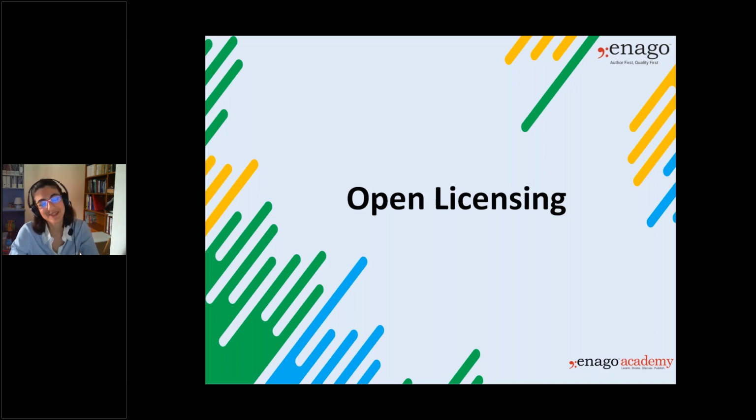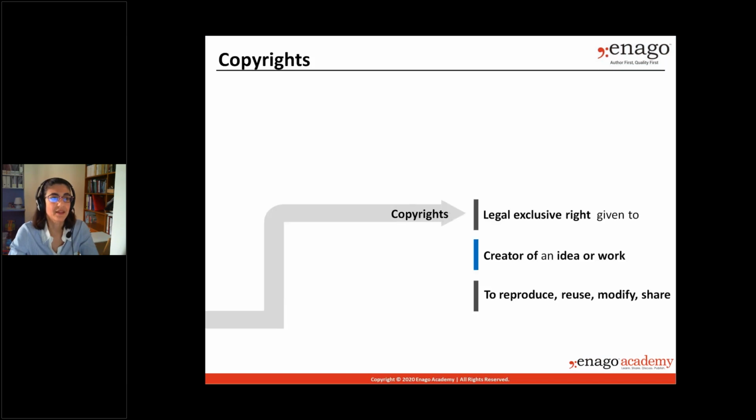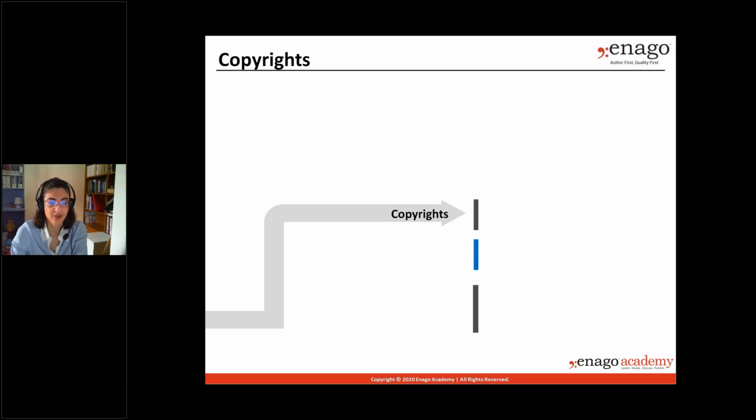One more aspect to touch on is that of open licensing, the issue of copyrights. When we talk about copyrights, we talk about legal exclusive rights given to a creator of an idea or work to reproduce, reuse, modify, or share the content.